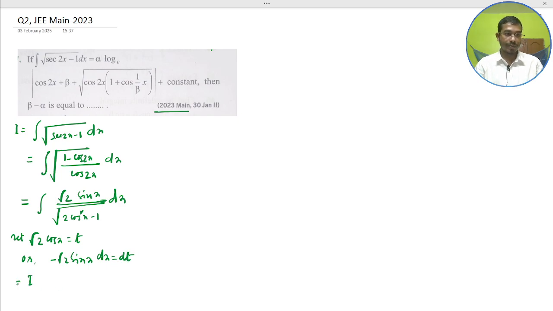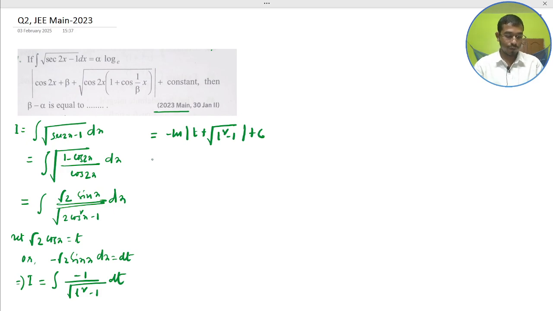So the integration is converted to I equals the integration of minus 1 divided by root over of (t square minus 1) dt. It would become minus ln mod t plus root over of (t square minus 1) plus c, the arbitrary constant.